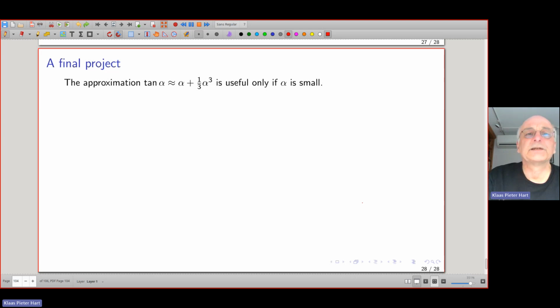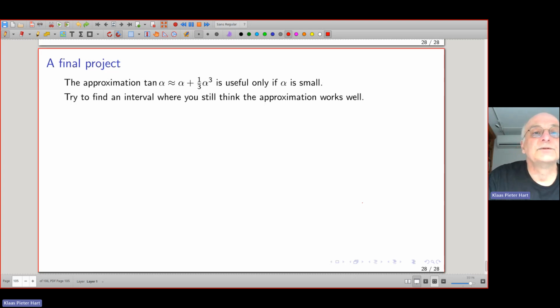As a final project, I told you this approximation and also the one for the cosine are pretty good, but they're pretty good only if alpha is small. You can try and investigate on what interval you trust this approximation, whether you want to use it.